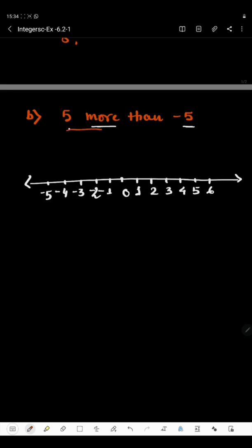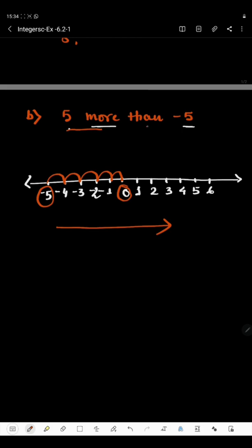Now 5 more than minus 5. Where is minus 5 on the number line? It's left of 0. Here it is. Now 5 more means we will have to move to the right of minus 5, because number gets increased when you move to the right, isn't it? So 1, 2, 3, 4, 5. So it's 0.